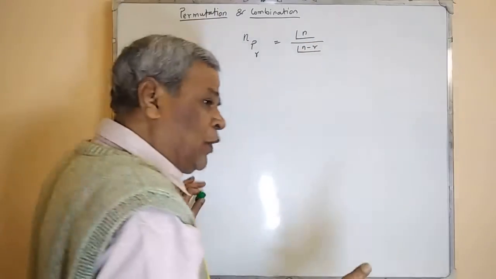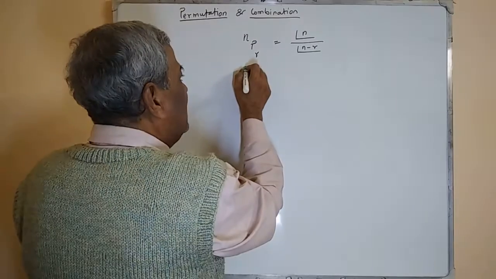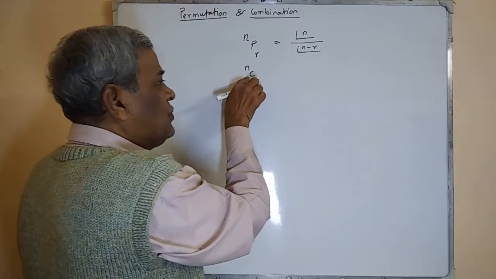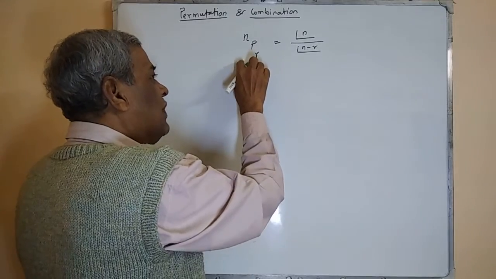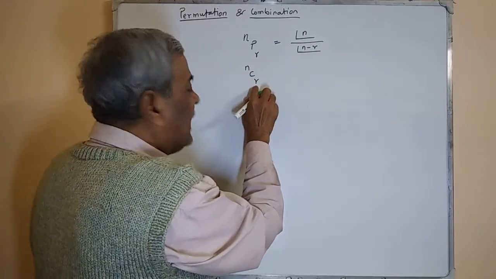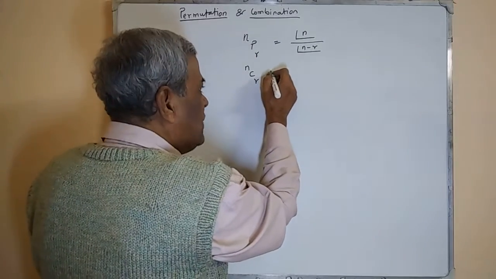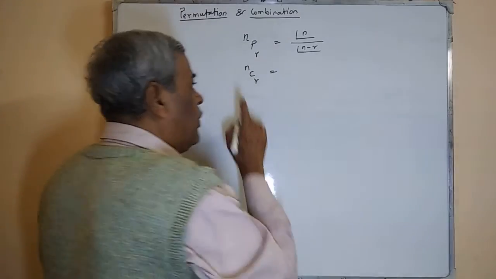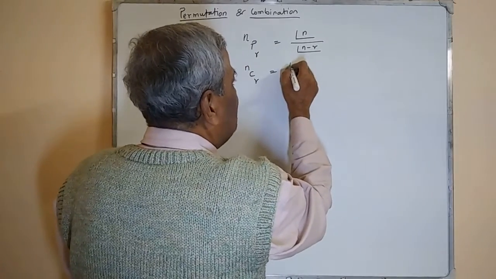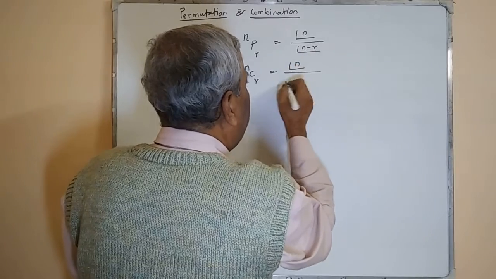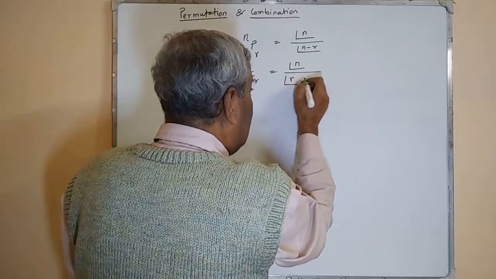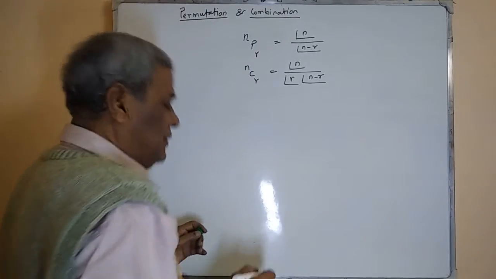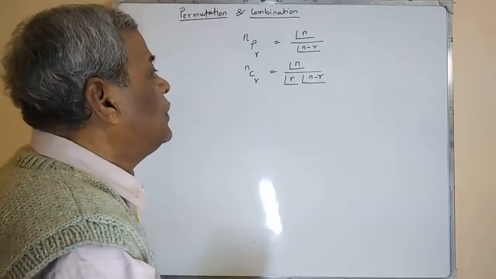If it is a problem of combination, the answer is nCr. C stands for combination. Out of n given objects, we have to choose r at a time. For combination, the answer is nCr. It is again a symbol and the answer is factorial n divided by factorial r into factorial of n minus r. This is for combination.